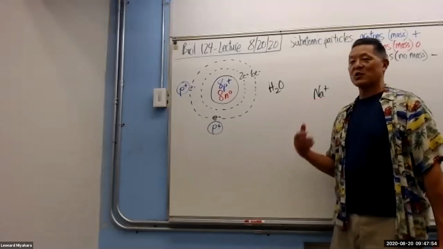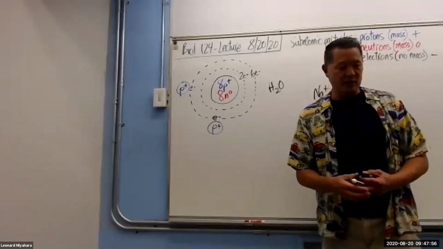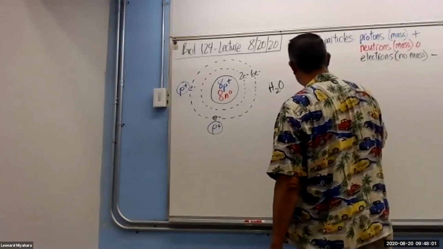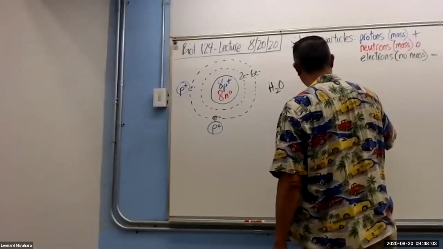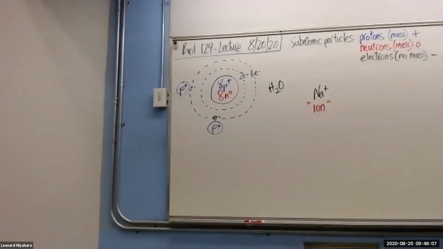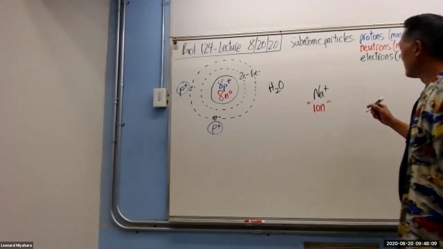When it loses that electron, it becomes an ion. This is the term ion. It has 11 protons and only 10 electrons, so it's +1.